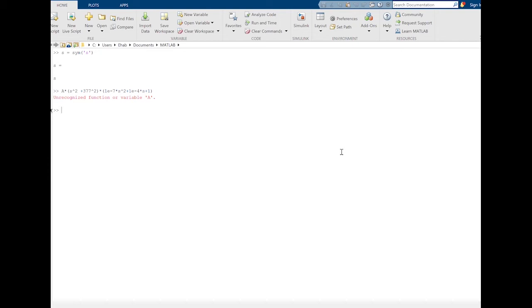Aha, so I'm missing something here. I need to define the variables a, b, c, d, e to do a full symbolic manipulation.